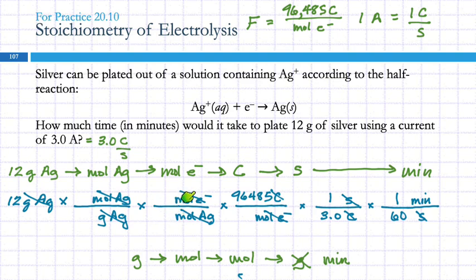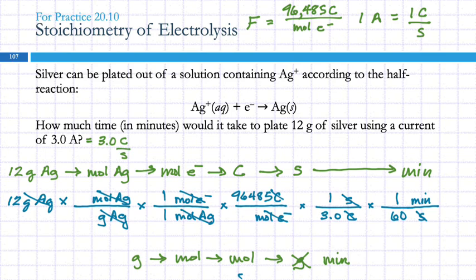Over here, moles of electrons and moles of silver. That's going to come from the chemical equation. This is 1 to 1. Moles of silver to grams of silver. Yeah, look at the wall, periodic table, right?